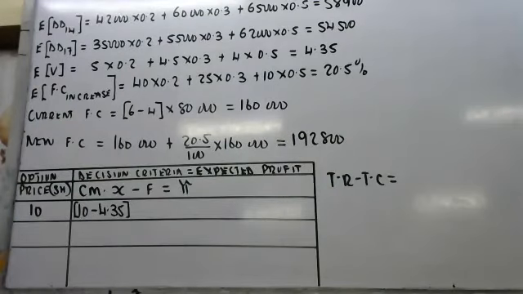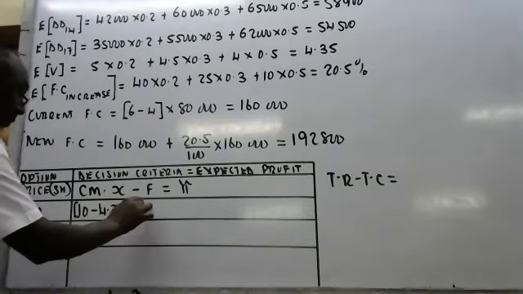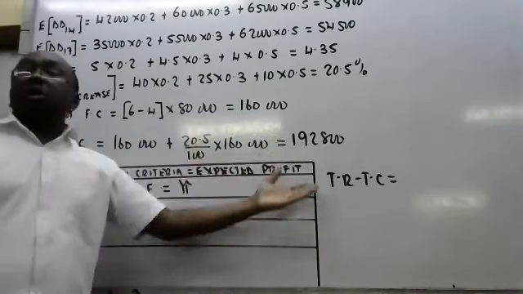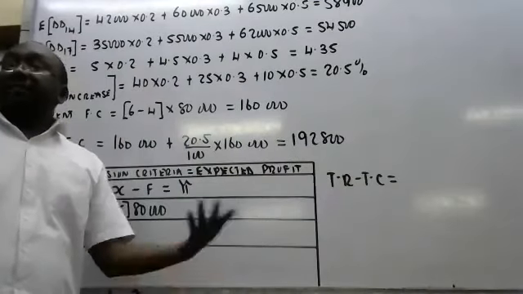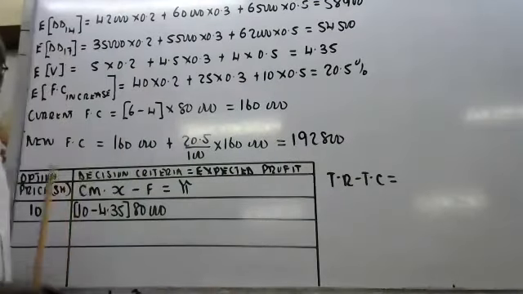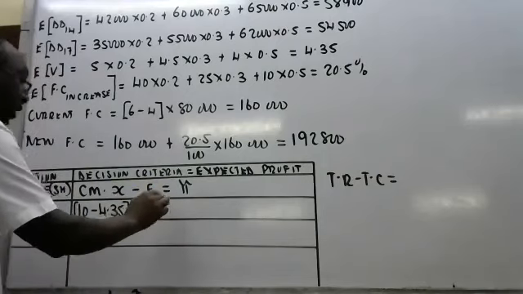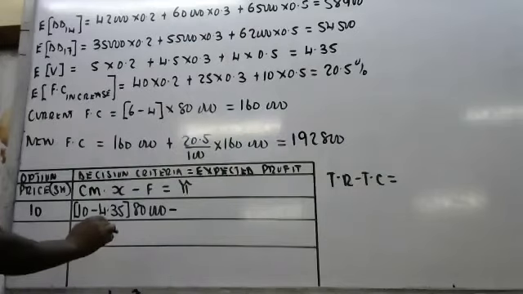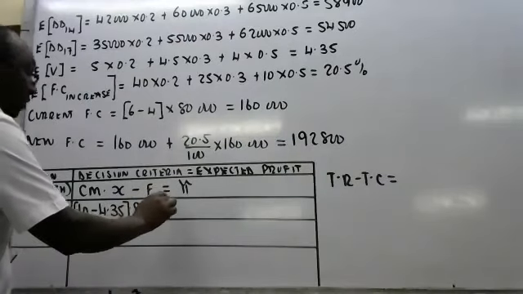The units at 10 is 8,000. You can actually ignore the fixed costs if you remember decision making, because the fixed cost will be common everywhere, so it is irrelevant. But again, to avoid some people not getting what I'm saying, let me put everything.